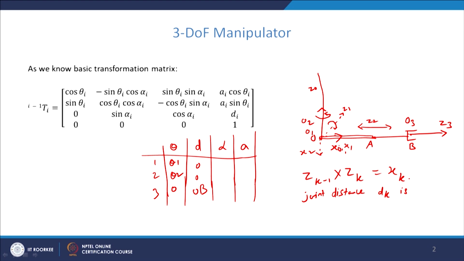Then alpha is the twist angle, alpha is the angle between the Z0 axis and Z1 axis. So, that gives the angle to be pi by 2, and Z1 axis and Z2 axis, that is again the angle pi by 2, and Z2 axis and Z3 axis, they are in the same direction, that is 0.